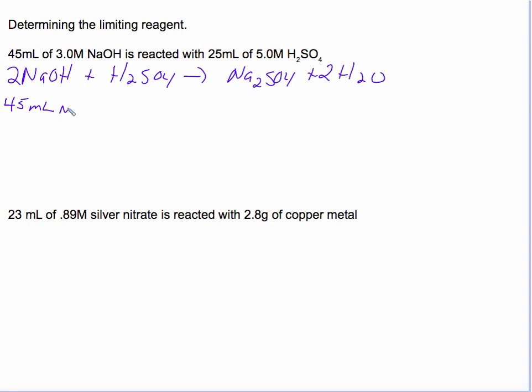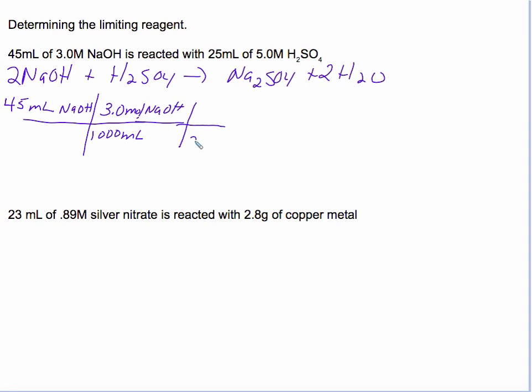So, 45 milliliters of NaOH. I'm going to get that to moles by using the molarity: 3.0 moles of NaOH for every 1,000 milliliters. Now I'm going to keep going and see how many moles of H2SO4 I would need.